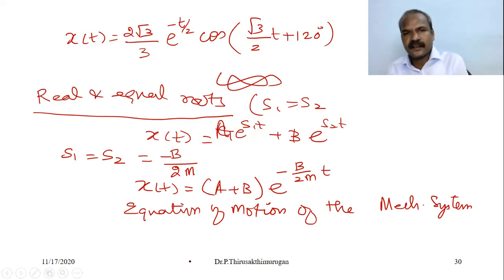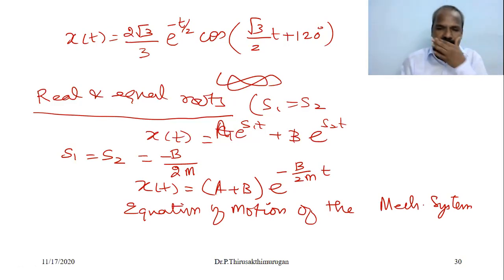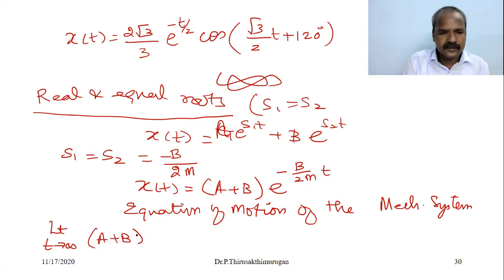So it is clear from that equation that you can also apply the L'Hospital rule for the solution. So that means limit t tends to infinity, a plus bt into e power minus b by 2m into t.